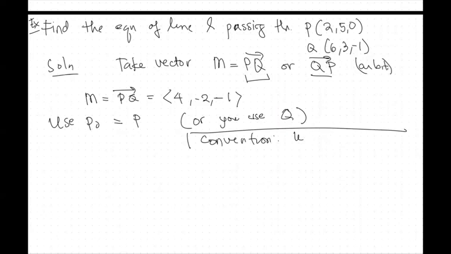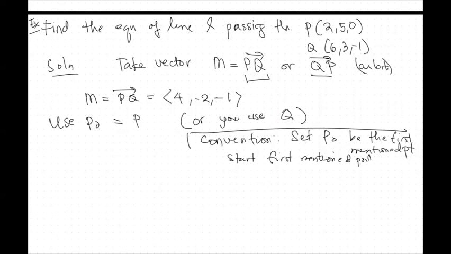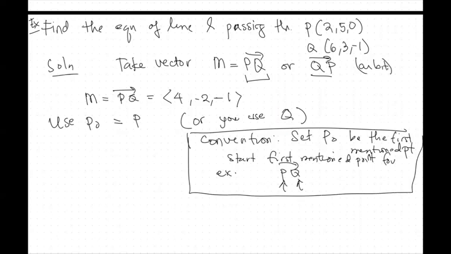Set P0 to be the first mentioned point. For example, PQ: start with P and then Q, because P is mentioned first.